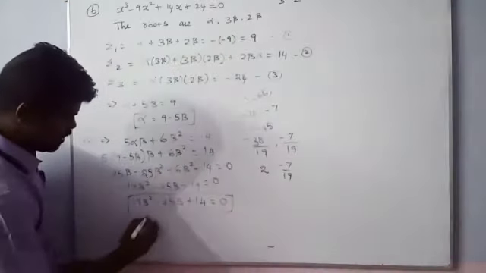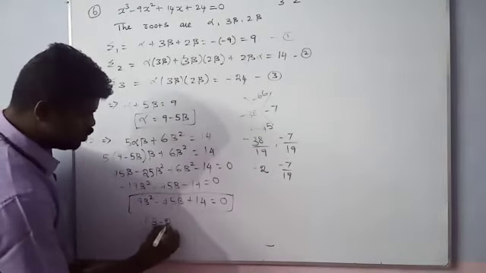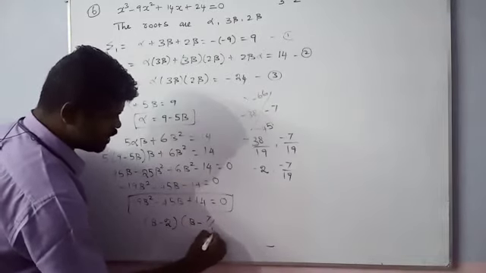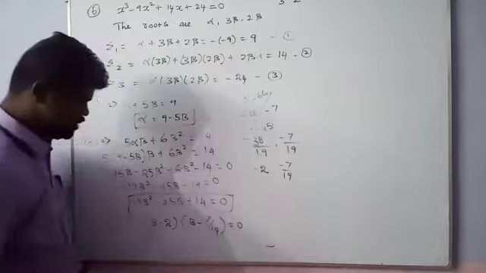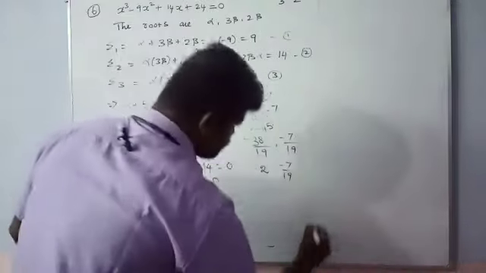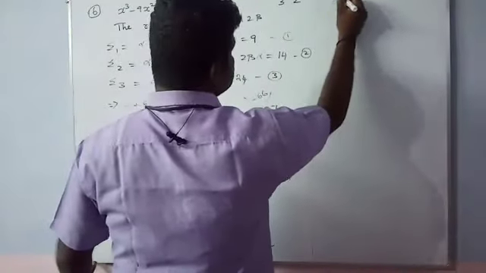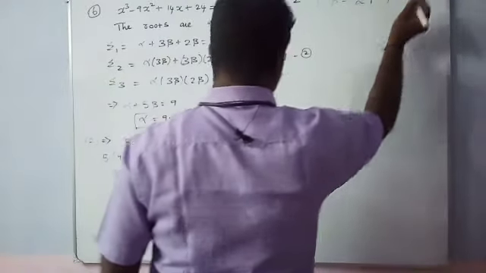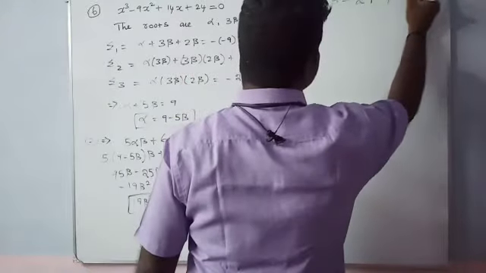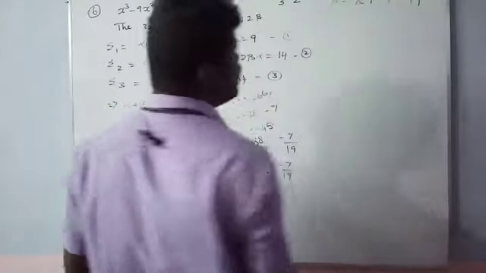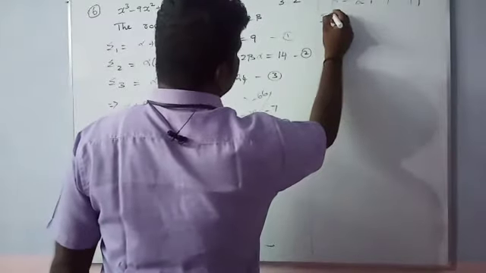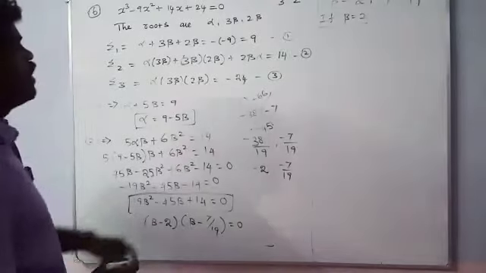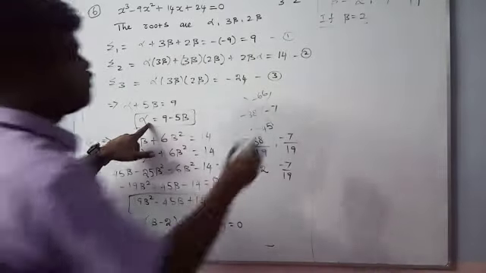Therefore the factors are beta minus 2 and beta minus 7 by 19 equal to 0. Therefore beta value is equal to 2, and the other beta value is 7 by 19. If beta is equal to 2, we apply it in the alpha equation.